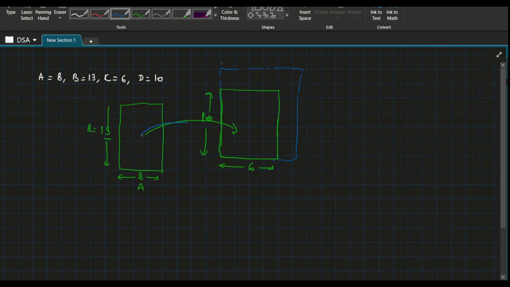But if we turn our carpet by 90 degrees and then try to place it, it will look like this. So this length will be 8 and this length will be 13, and similarly this length will be 13 and this length will be 8.